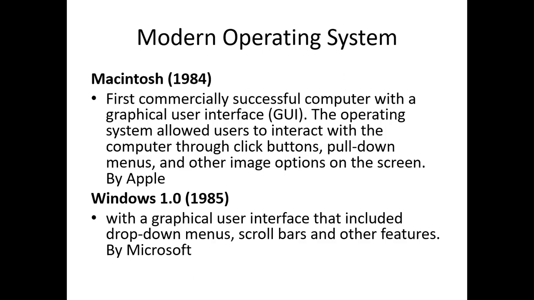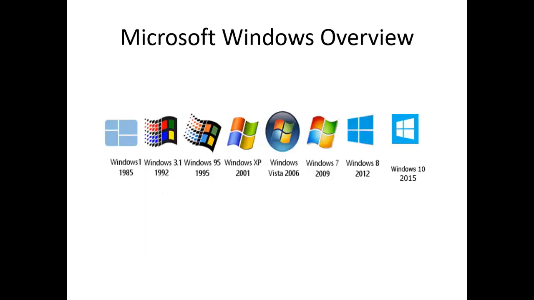Now, after Macintosh, in 1985 comes Windows 1.0. Okay, this is also now from Microsoft Corporation. They come up with their Windows 1. Now also, it had what? A user interface. Okay, but the first computer to have a user interface was the Macintosh. So this one just gives you an overview of Microsoft Windows.